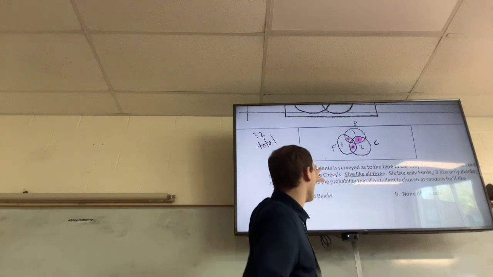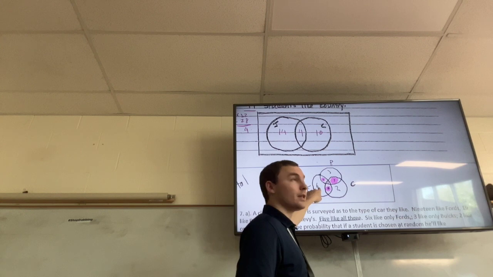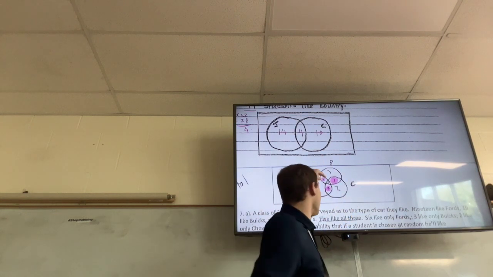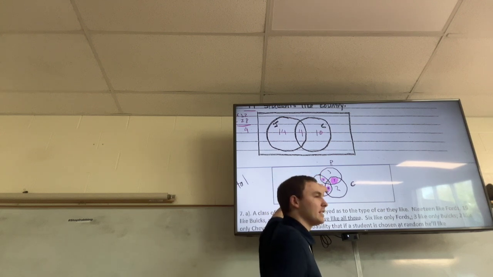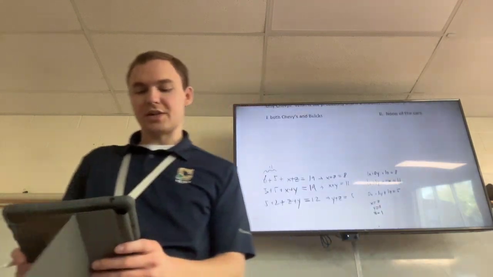So what's going on here is the 6 students who only like Fords, plus the 5 students who like all 3 of the cars, plus the X students who like Fords and Buicks, and the Z students who like Chevys and Fords. The 4 numbers in the Ford circle, 6, X, 5, and Z, have to add up to 19. So that's where I got that first equation from.